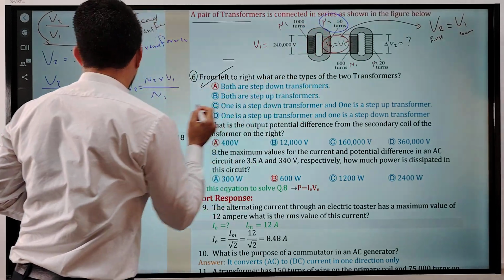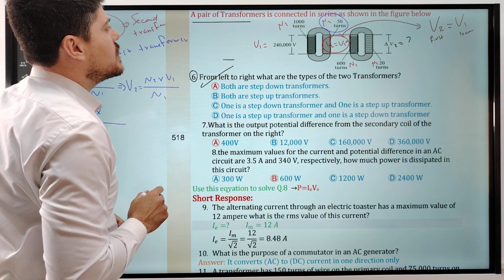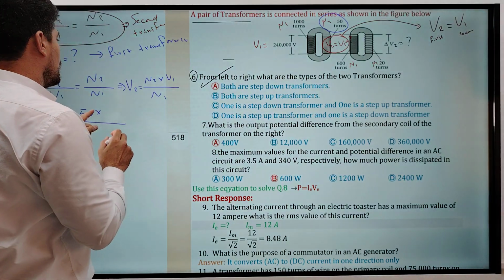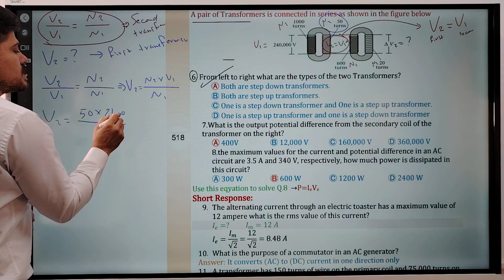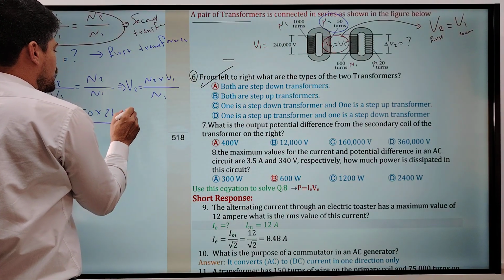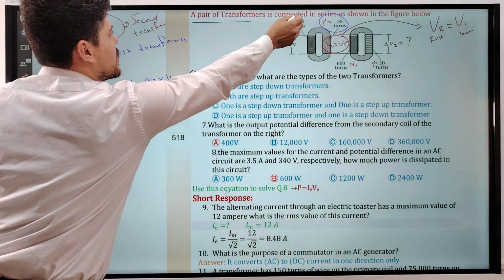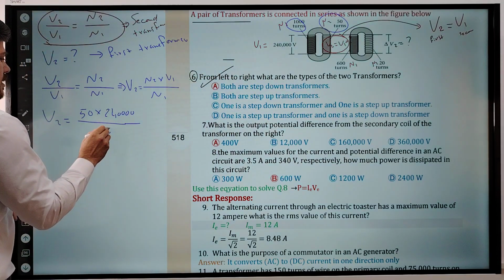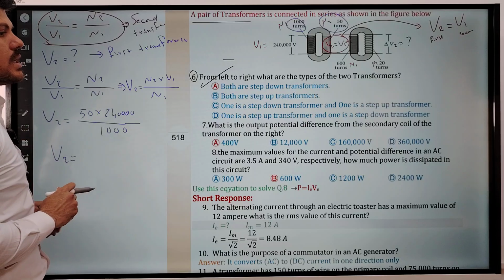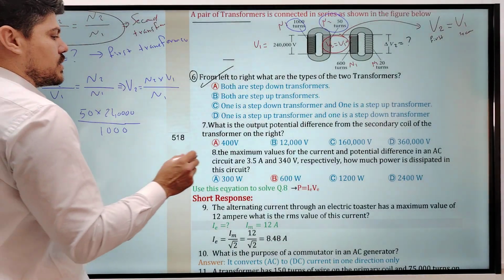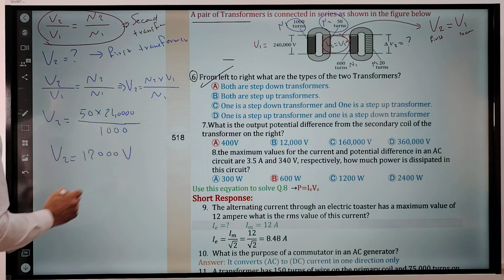Yes, 50 times V1, which was given, 240,000 volts, divided by the number of turns in the primary coil, also given, 1000. So by calculator you can find V2 is equal to 12,000 volts.